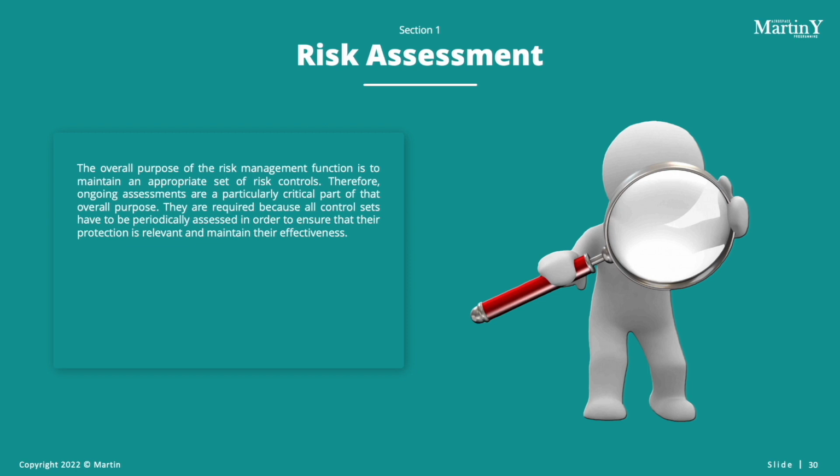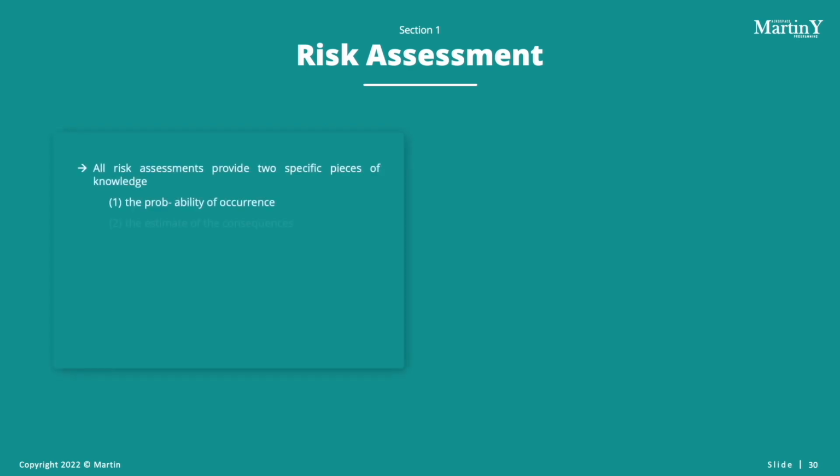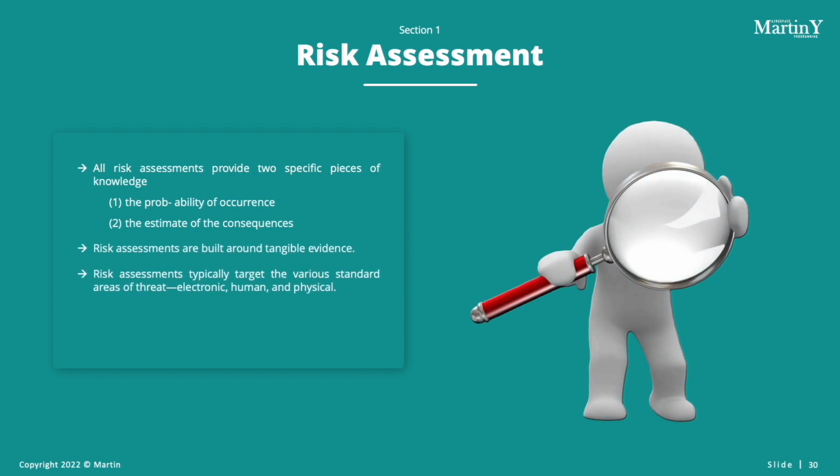So overall, the risk assessment is an information gathering function that focuses on understanding the nature of all foreseeable threats. So risk assessment identifies and evaluates each relevant threat, determines the potential impact of that threat, and defines the controls that need to be put in place in order to respond properly. In that respect, the risk management should provide risk assessment that should always answer two distinct but highly related questions.